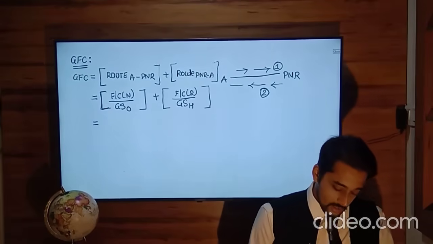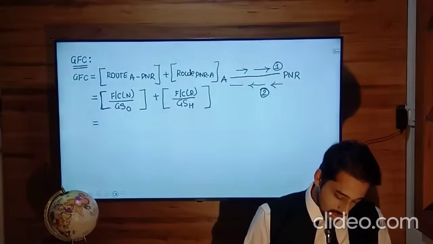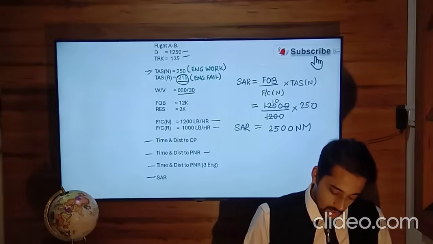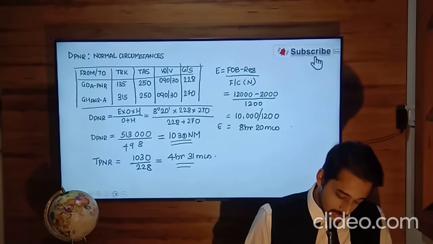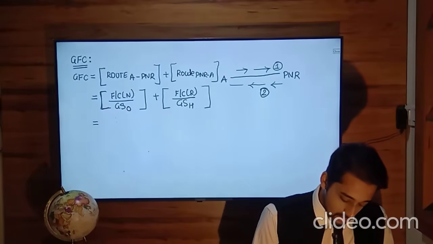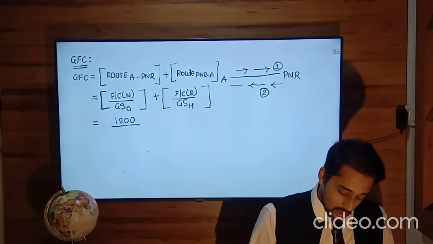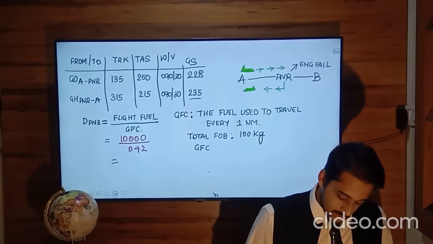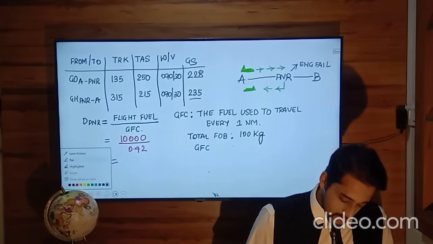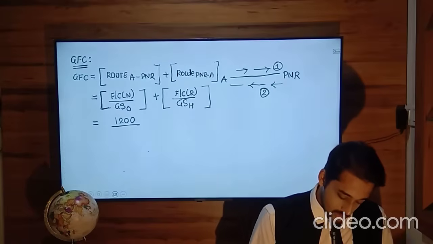So normal fuel consumption was 1200 pounds per hour. Outbound speed was 228.